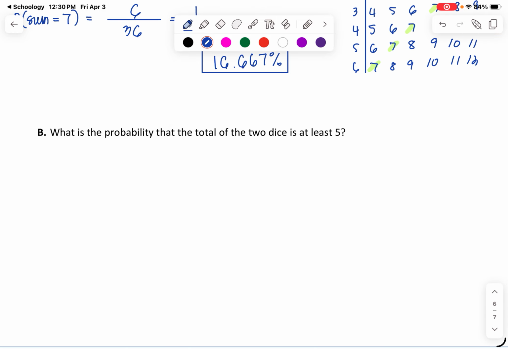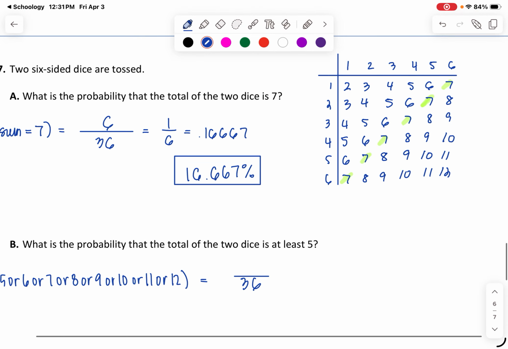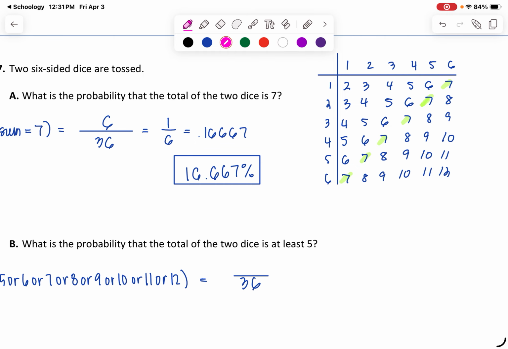What's the probability that the total of the 2 dice is at least 5? So this is 5 or 6 or 7 or 8 or 9 or 10 or 11 or 12. Once again, we know that there's 36 outcomes. All right, so what's the probability that it's at least 5? So here is everything to the right of this diagonal line here.